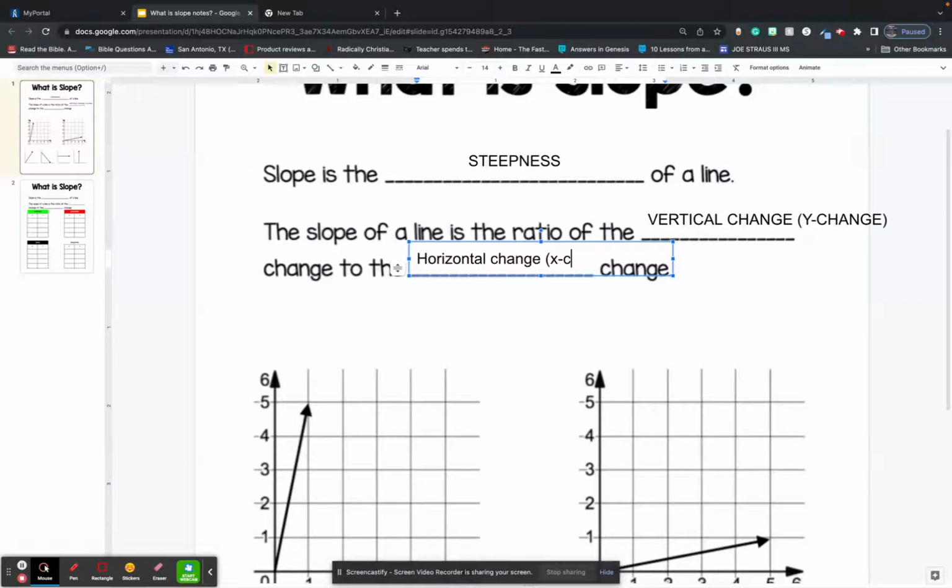And I intentionally tried to make all this lowercase and the other uppercase so it kind of stands out. But slope is the steepness of a line. The slope of the line is the ratio. Remember, a ratio is a comparison. So we're comparing the vertical change to the horizontal change, the y change to the x change, okay?